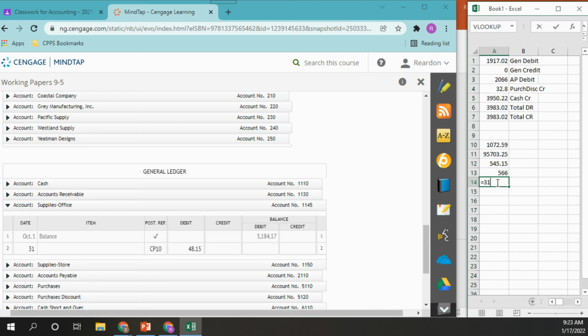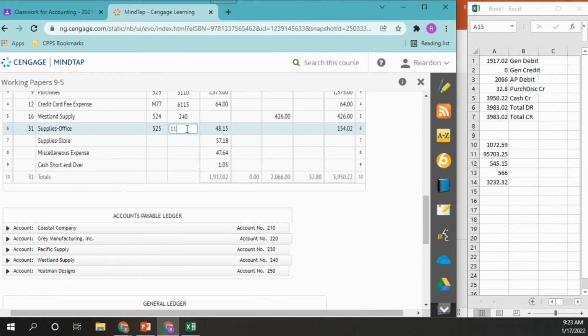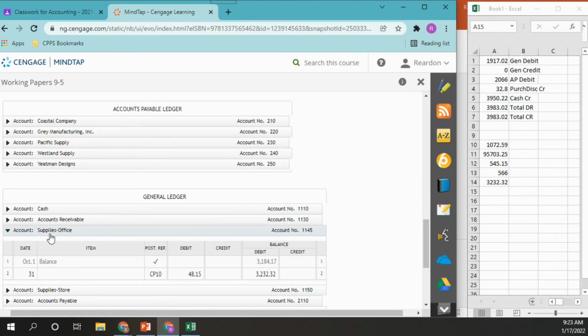New balance 3184.17 plus 48.15, 3232.32. Account number 1145. And again, that is an asset, supplies office. We're keeping some sort of supplies inventory at the end of the month. We'll adjust it for supplies used. We have a different supplies account for supplies store.